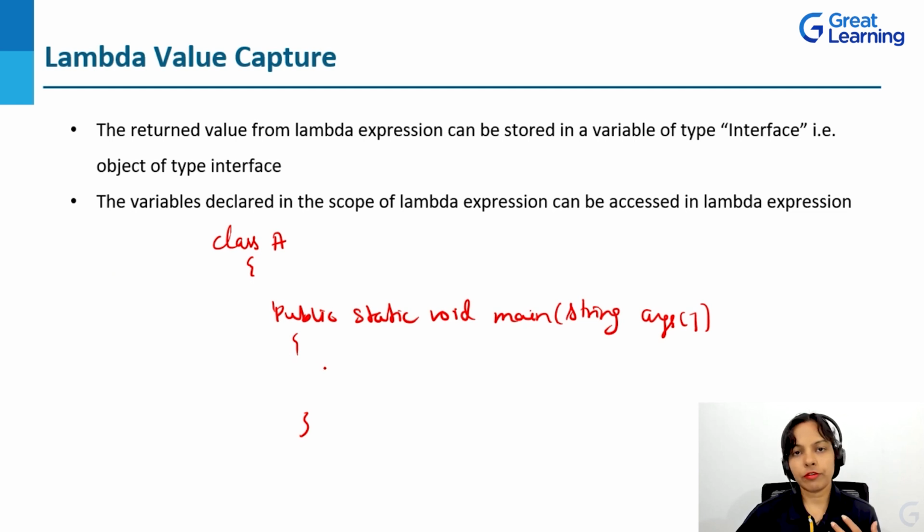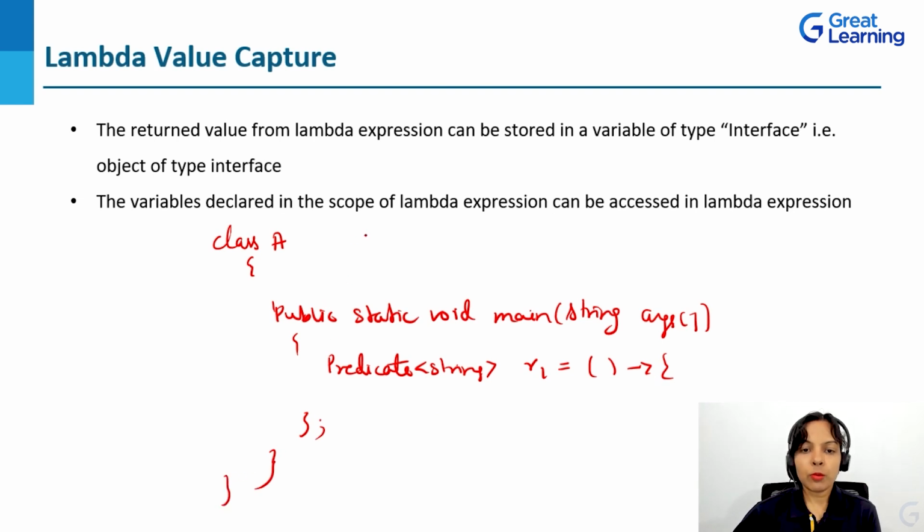So I'll take an example of the inbuilt interface itself. Predicate is an inbuilt interface, right? A functional interface in Java. So Predicate of string type, suppose, and r1 result equals to, and then this is your Lambda expression. So this Lambda expression, suppose, is ending here, and then the main method and the class end.